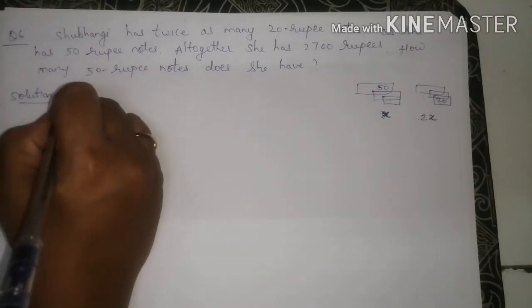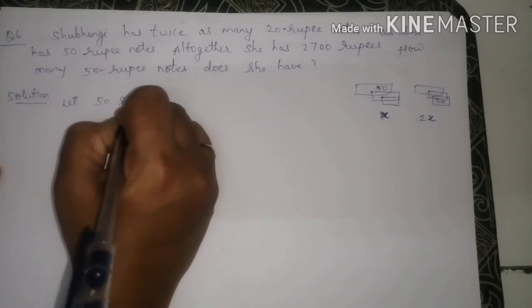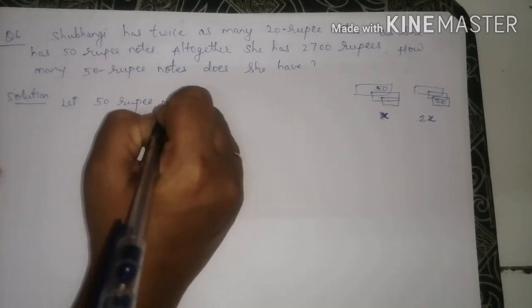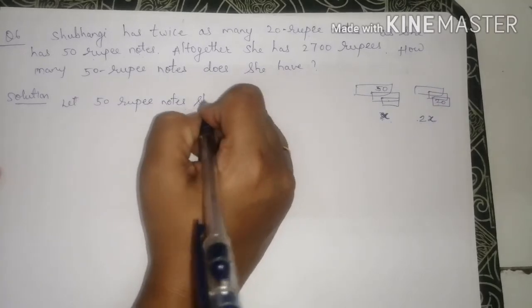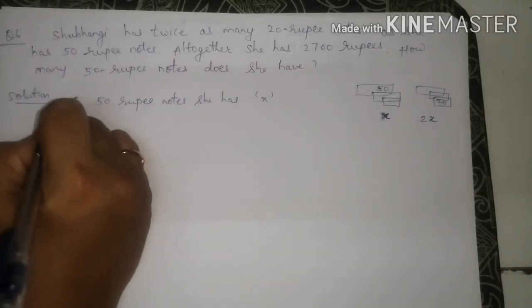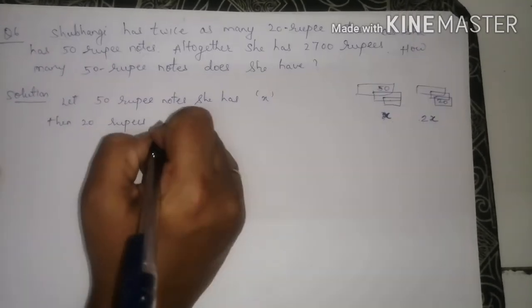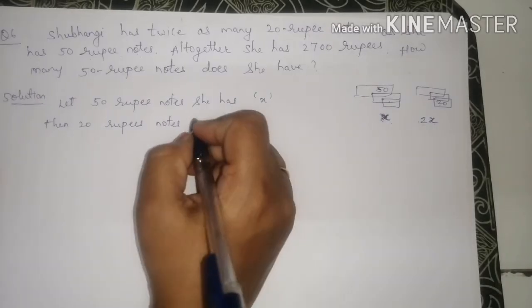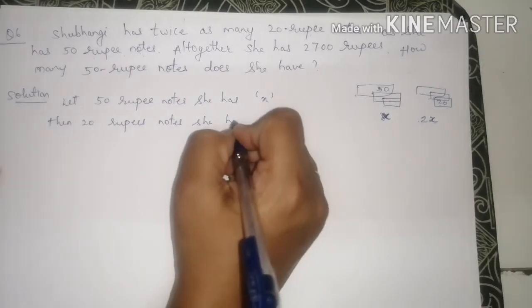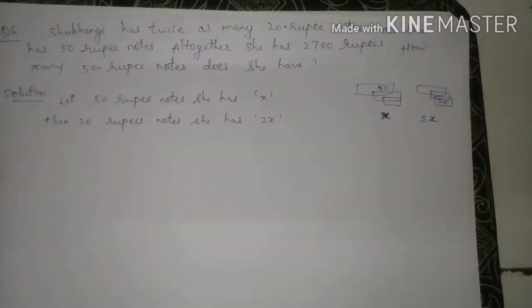So let us write here, let 50 rupee notes she has X, then 20 rupees notes she has twice, so that will be 2X.